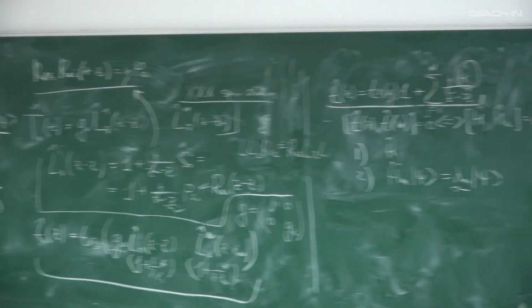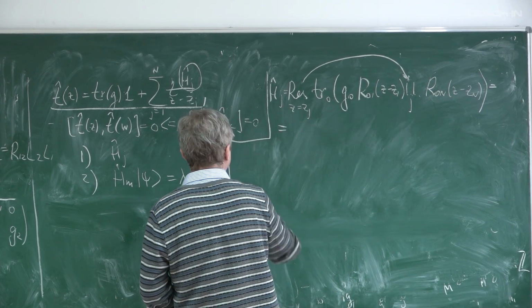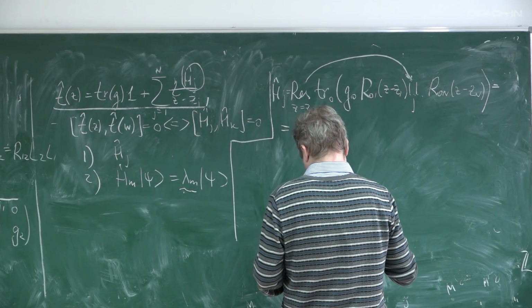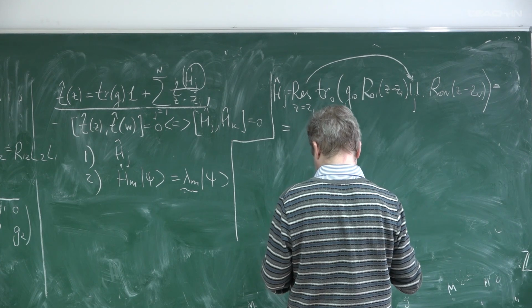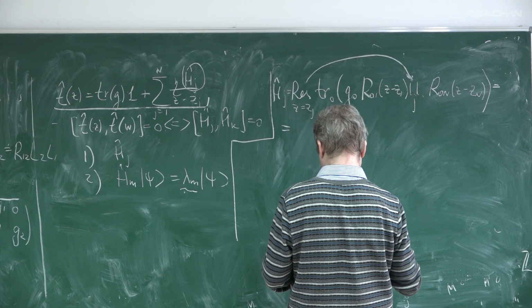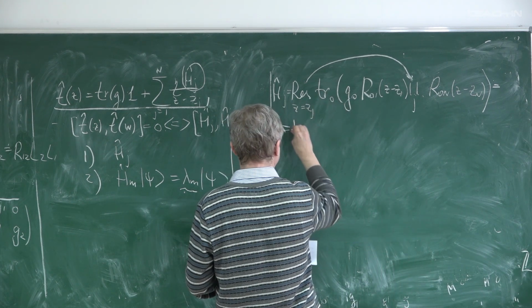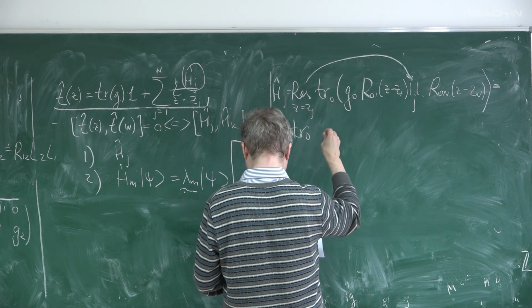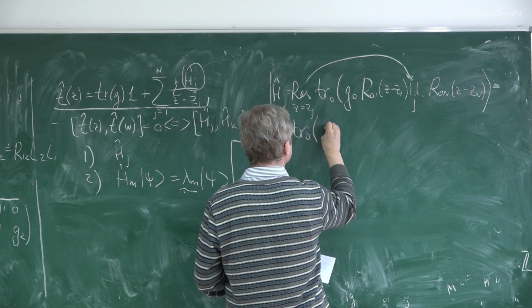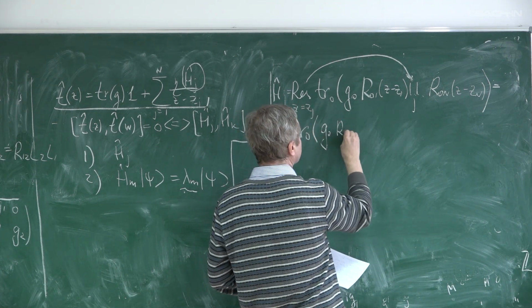So then we continue writing here. Let us write it in some detail. We have here a trace, and then a product of our matrices.